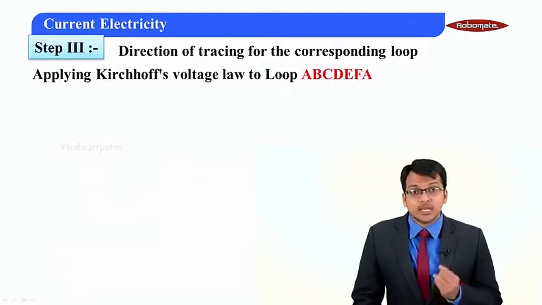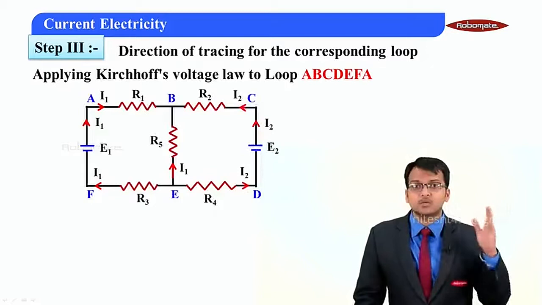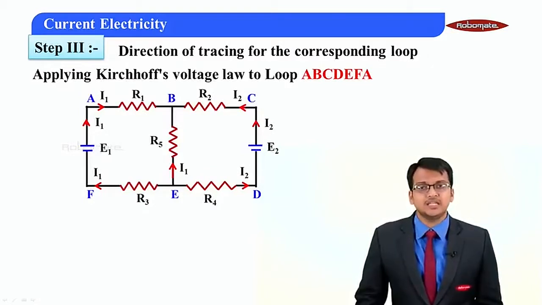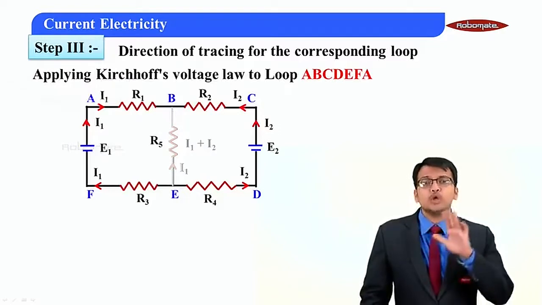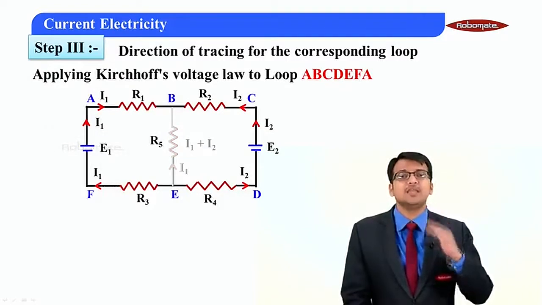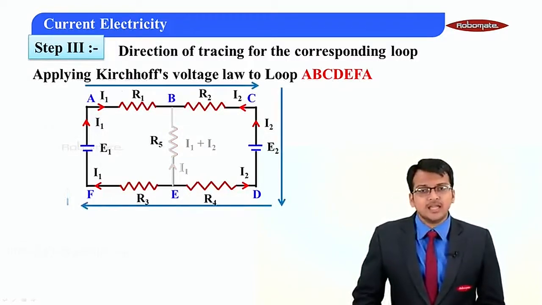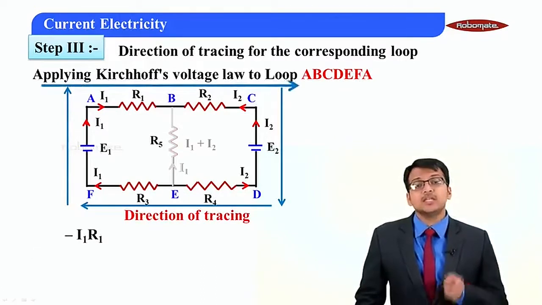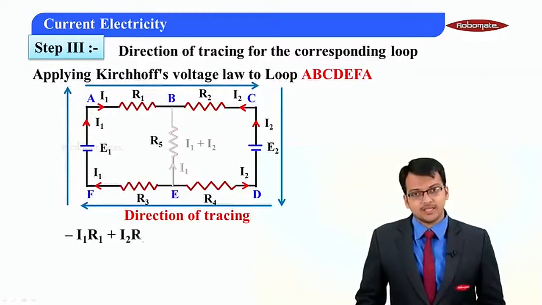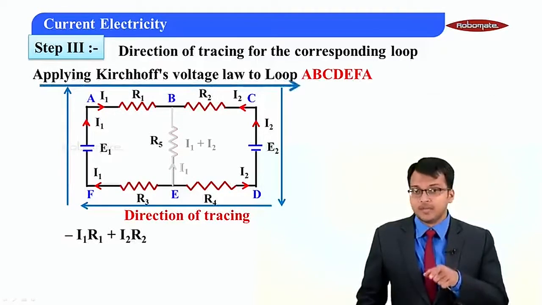Now, the last loop is the bigger loop, that is A, B, C, D, E, F, A. In that loop, R5 is not useful for me, so I'll eliminate R5. In the direction of tracing, from A to B, I1 is in the same direction of tracing, so minus. From B to C, it will be plus.